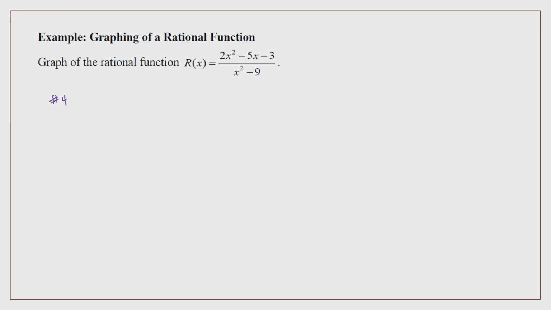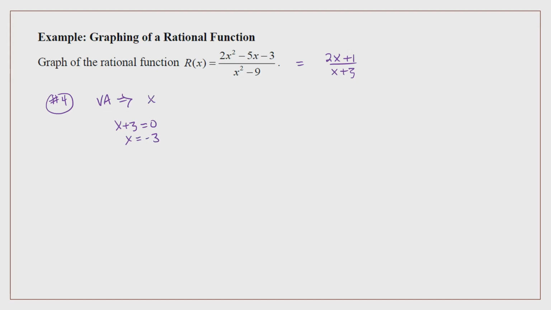So for step number 4, our vertical asymptote is going to be the real 0 of our denominator. So when we simplify r of x, we got (2x + 1) divided by (x + 3). So setting our denominator equal to 0, we get x equals -3.